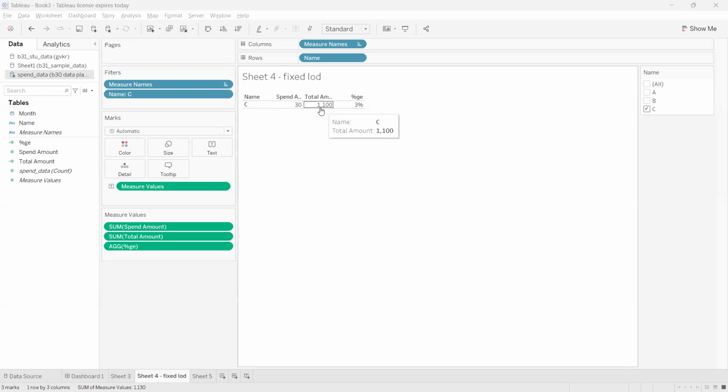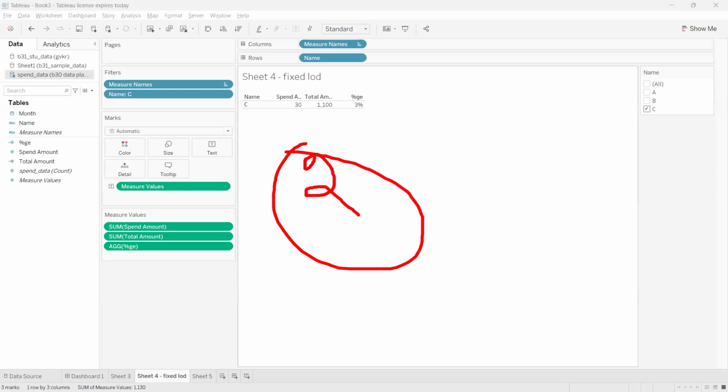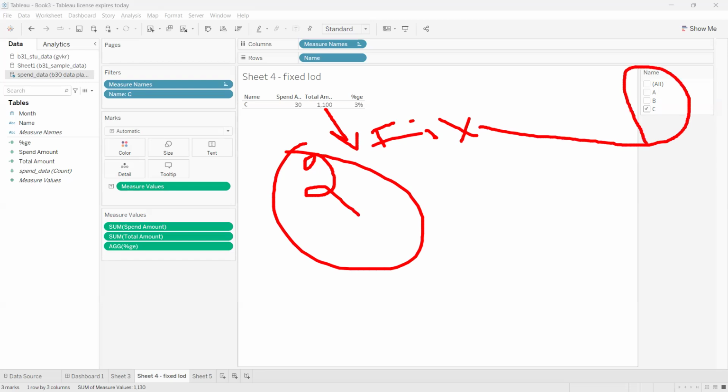So assume that there are no questions. Now, what is the next requirement? In real time, sometimes in the denominator you are using fixed LOD. This fixed LOD is not depending upon the dimension filter, so still I can see the total 1100 here.